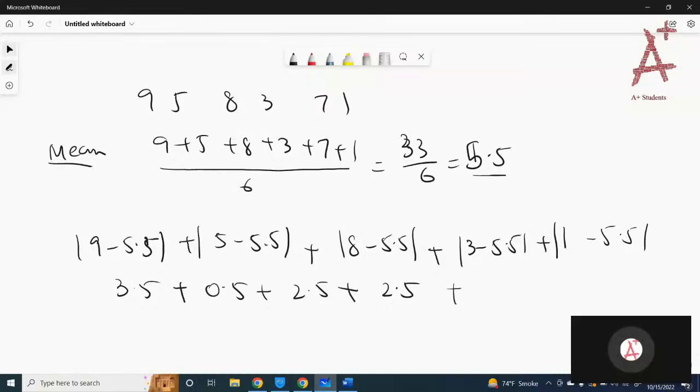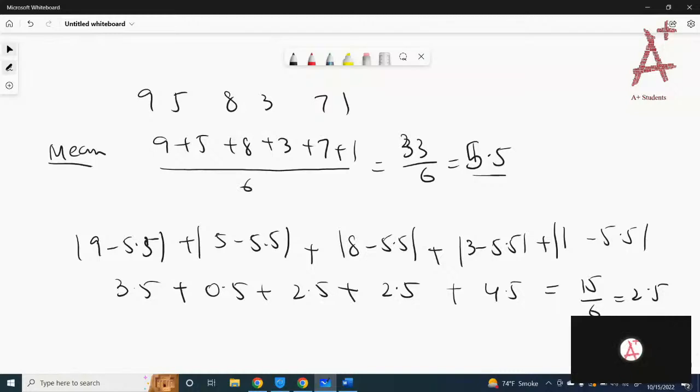And then for the last one, 1 minus 5.5 is 4.5. Got it? Just add all the values and it would be 15, and 15 over 6 is 2.5. The mean absolute deviation is 2.5.